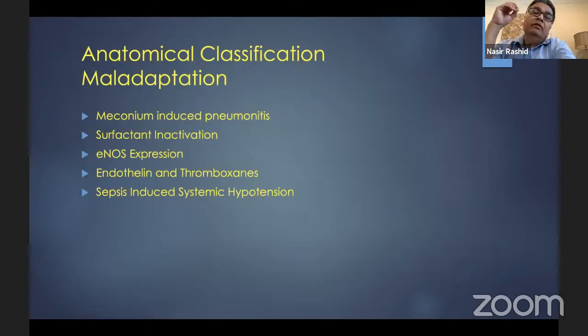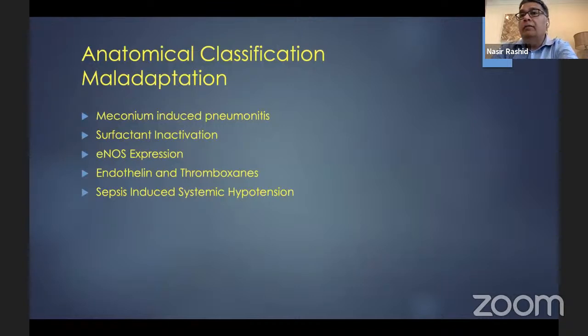Now, this anatomical classification of PPHN is not just for us to understand, because if we understand this classification, we will be able to offer the best management for these babies. If we do not understand this classification, then we will not be sure, while we are managing this baby, how we can optimize the management or the treatment for these babies.